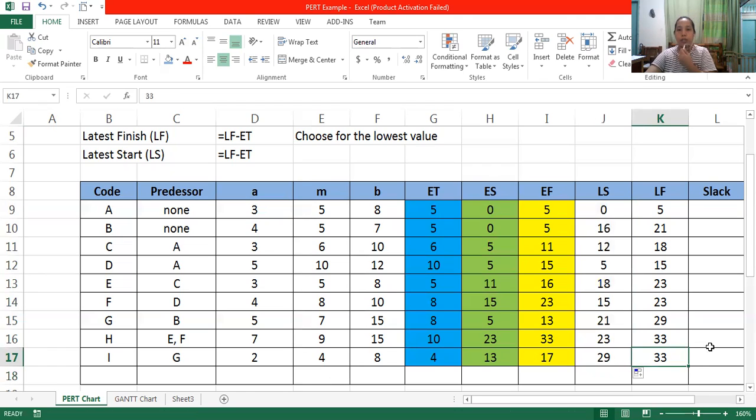Based on our PERT, the latest finish is 33 weeks, the task that takes the longest to finish. The earliest start is 0 weeks, the very start. The latest finish is 33, and the latest start is 29.